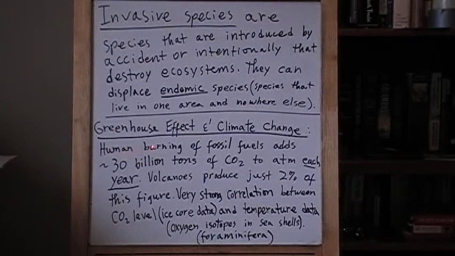So human burning of fossil fuels adds about 30 billion tons of CO2 to the atmosphere each year. So year in, year out, there's an additional 30 billion tons being added by fossil fuel burning. And that CO2 doesn't go away. It stays and accumulates in the atmosphere because plants can only use a very small portion of that, maybe 1% or less.